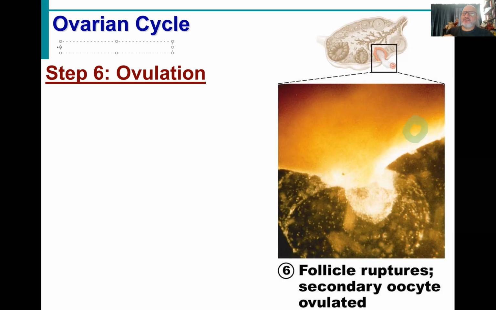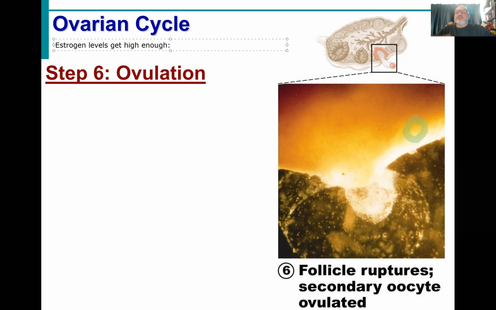And remember, I said estrogen has a complicated relationship with the anterior pituitary. Once estrogen reaches a critical amount, it changes its relationship with the anterior pituitary.